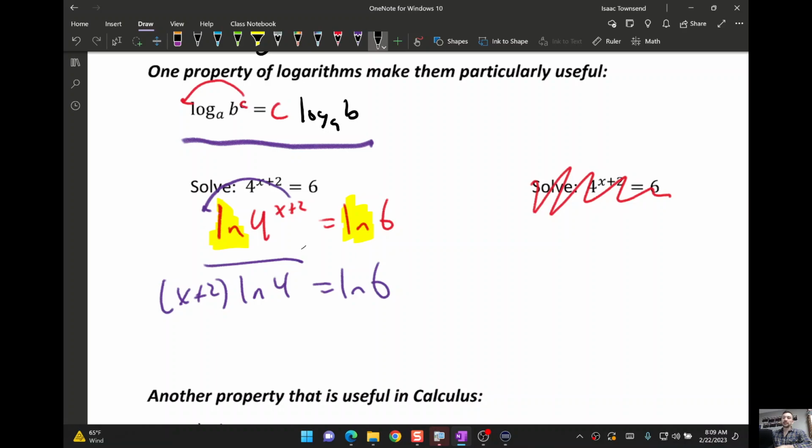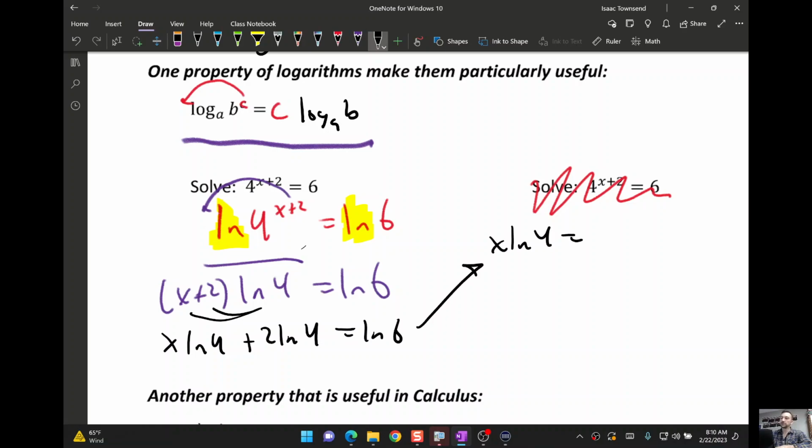And then to finish solving this, I mean, these are kind of funny looking, unusual answers, but we could distribute this. Two natural log of 4 is just a number, so I'm going to subtract it over. And natural log of 4 is just a number, so I'm going to divide it over.